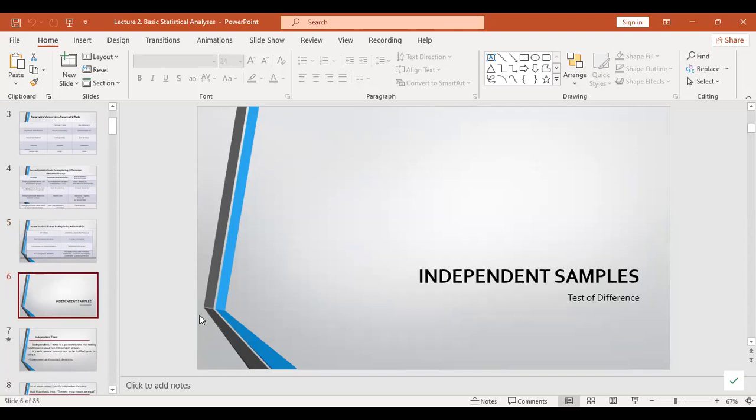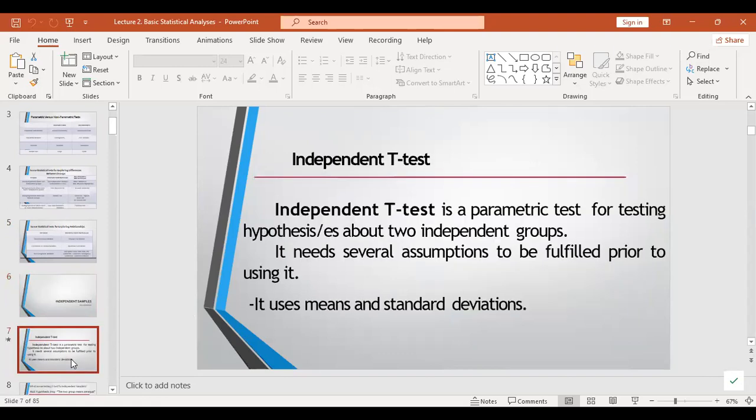Okay, let's move on to independent t-test. Independent t-test is a parametric test for testing hypotheses about two independent groups. It needs several assumptions to be fulfilled prior to using it. It uses means and standard deviation.